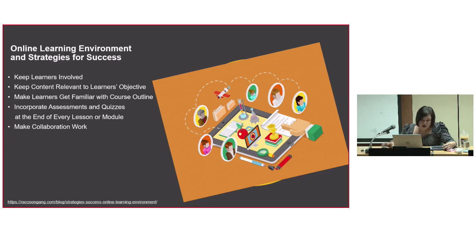Strategy 4 is to incorporate assessments and quizzes at the end of every lesson or module. Assessments and quizzes are the best way to gauge the understanding level of learners. Evaluating at the end of a section is best known for boosting the knowledge retention rate.